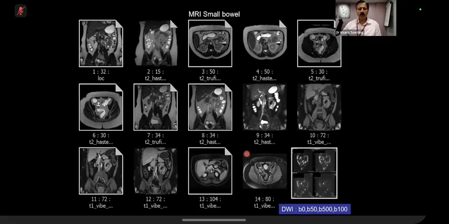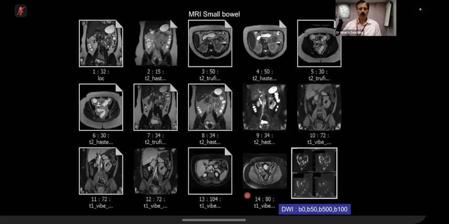And basically, we give about 1300 ml of mannitol over a span of about 90 minutes or so. The idea is to distend the small bowel with fluid, and we give then buscopan, and we do scanning. The sequences which we do include T2s, 2 different types of T2s, and we do a fat saturated T1, and then post contrast we do coronal as well as axial.